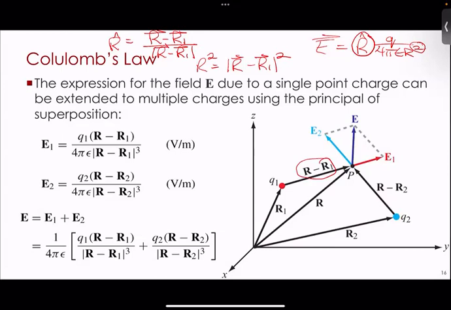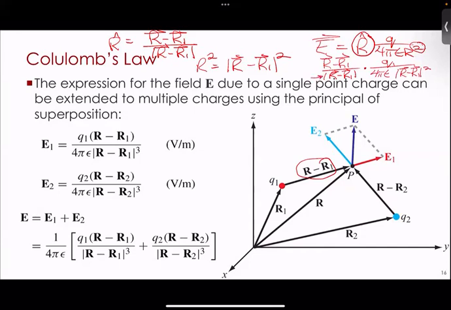So what we really have is R hat, which is R minus R1. These are all vectors. And then we're going to be multiplied by a Q, I'll call it Q1, divided by 4 pi epsilon. And then we have the magnitude of R minus R1 squared, because that is what our R is.